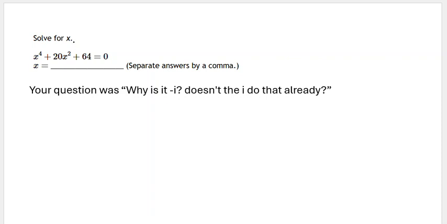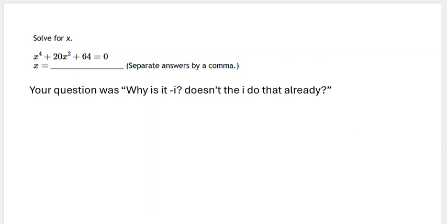That is, if I look at this, it has not an exponent of 2 as its highest exponent, but rather an exponent of 4. So it is not quadratic, but it is quadratic in its form because the highest exponent is exactly twice the next exponent.